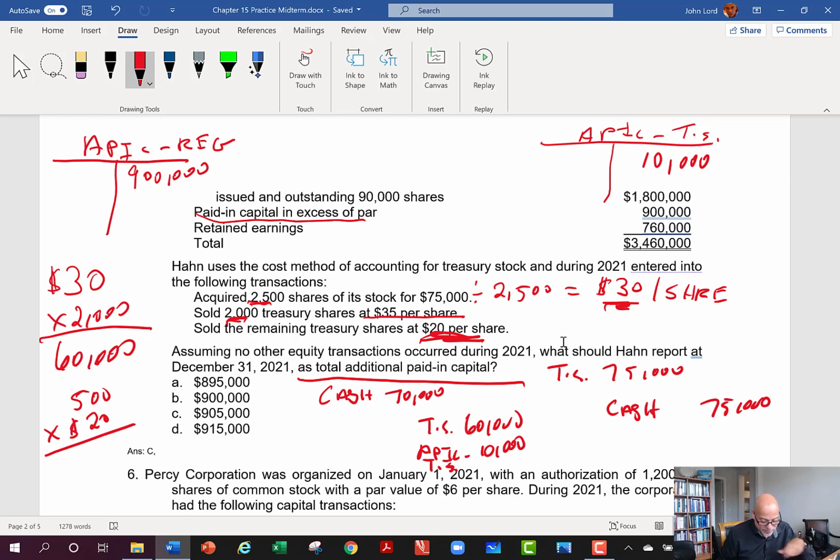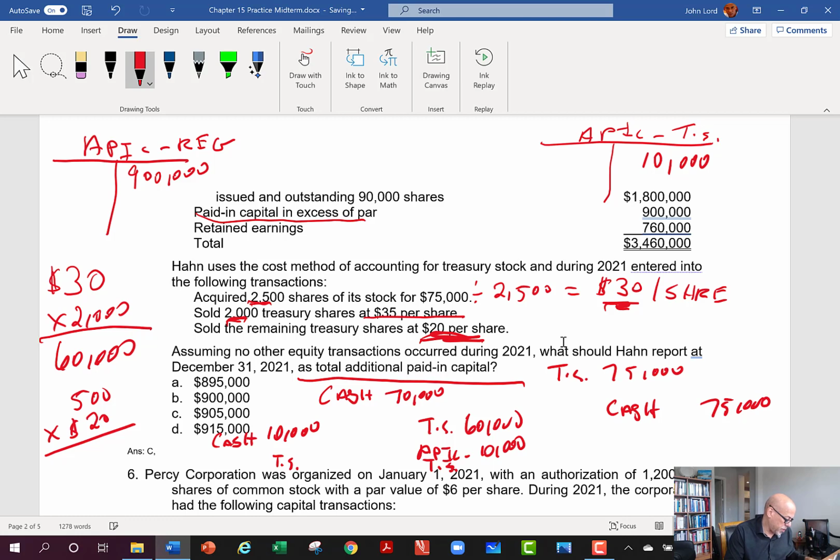That's going to be $10,000 cash. There it is. So I go ahead and debit cash 10,000. I'm running out of places to write this. Debit cash 10,000, right? I credit the treasury stock at the original price.